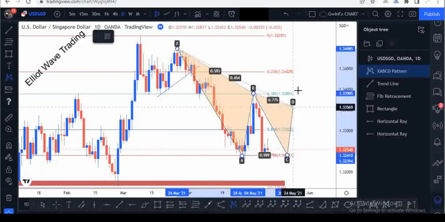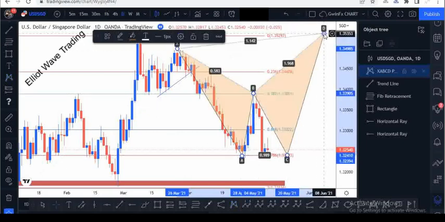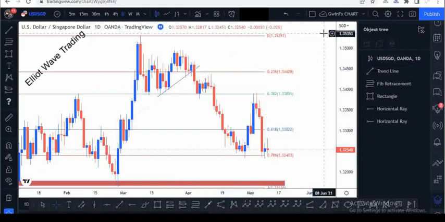But I look at this not as a bat, butterfly, or whatever harmonic pattern you want to see it as. For the harmonic traders, here in the Elliott wave, I don't recommend or teach the bat pattern or the harmonic patterns. I teach basically what they call Elliott wave patterns. These are a few patterns that are not in the textbook but are actually present in the market.